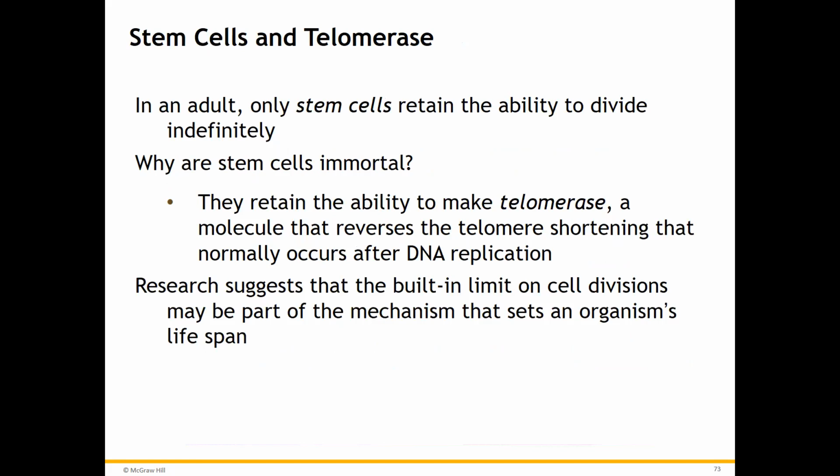Now, that telomerase stuff, when you're thinking about an adult now, not a child, and you're thinking about cells that can divide indefinitely, well, that would be our stem cells. And stem cells, we only have a few stem cells as an adult because you're not growing and developing anymore.